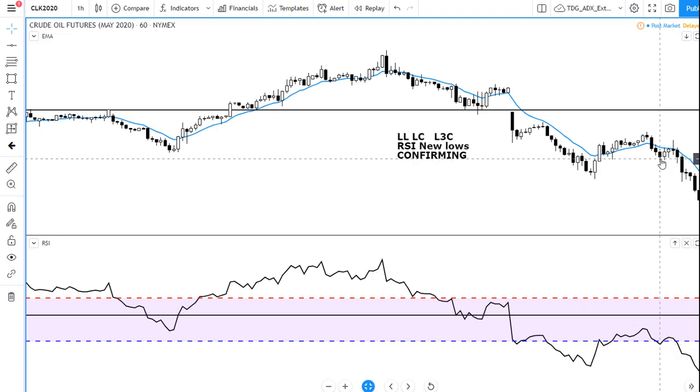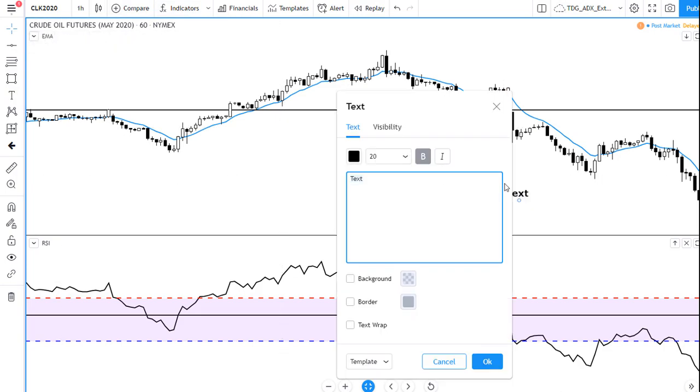Relative strength, price right here breaks back below our exponential moving average. So we come back to our text tool and we say re-enter if we have price at close is less than EMA, and we're just going to use the EMA that we currently have on the chart, and we want this to be present as well.